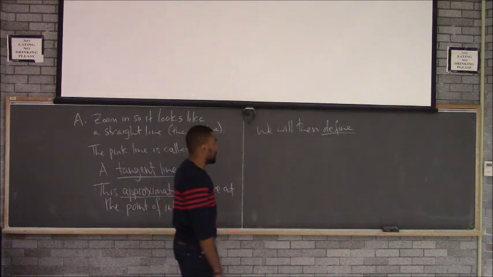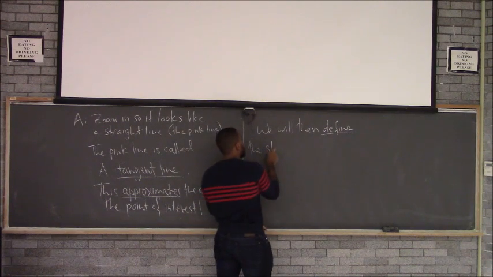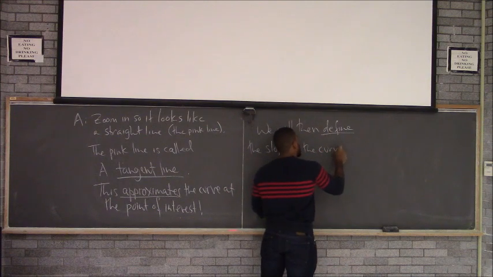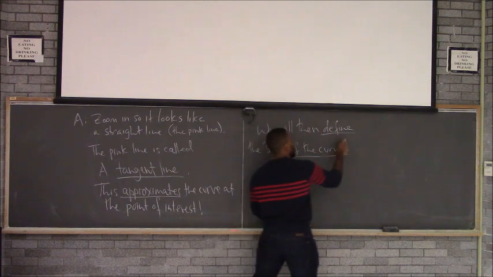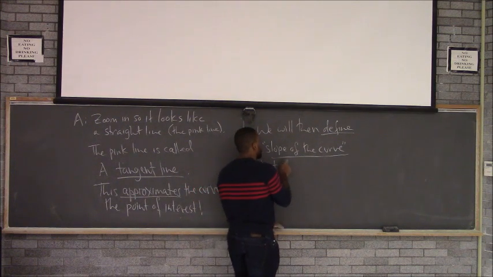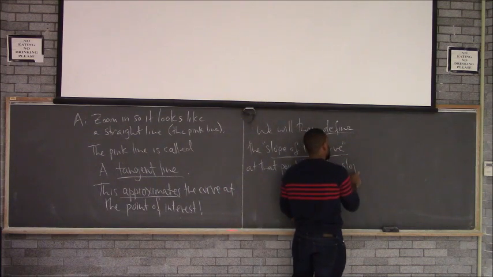Let's define this thing. We define the slope of the curve. What does that even mean? At that point, to be the slope of the tangent line.